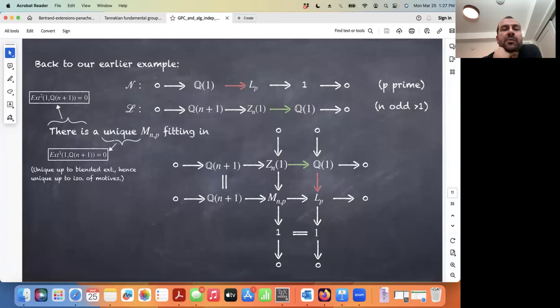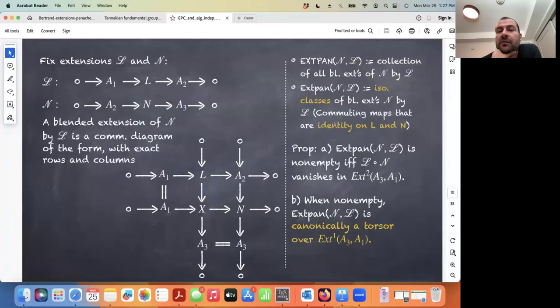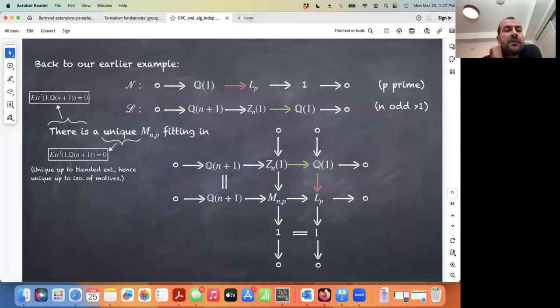And for the uniqueness portion of it, now remember that we had here that the collection of isomorphism classes of blended extensions is a canonical torsor over Ext1 of A3 by A1. Here you're dealing with 1 and Q(n+1) and n odd. So a torsor over a group like this, but that's an extension group in the category of mixed Tate motives.